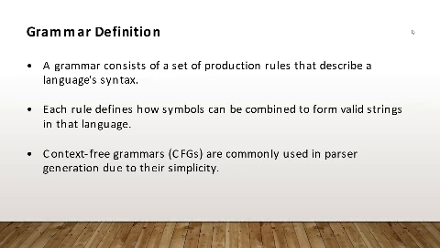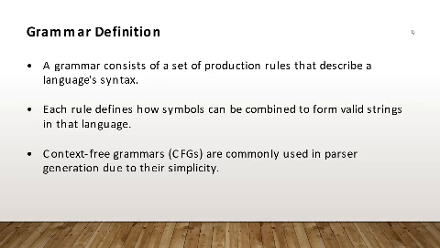Grammar definition. A grammar is a set of production rules that defines how statements in a language should be structured. Each production rule in a grammar defines how symbols like keywords, operators, or identifiers can be combined to produce a valid string or expression.